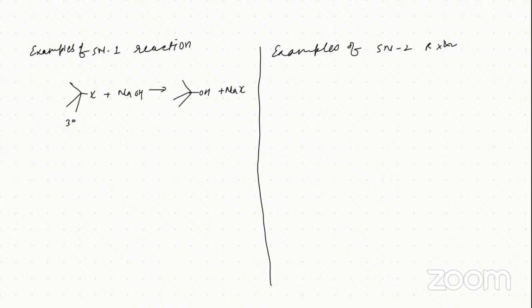And here the compound is RX, 1 degree. If you treat it with NaOH, it will give ROH plus NaX. So this is a 3 degree alcohol. In SN1, a 3 degree alcohol is forming, and in SN2, this is a 1 degree alcohol. Can you understand this one?